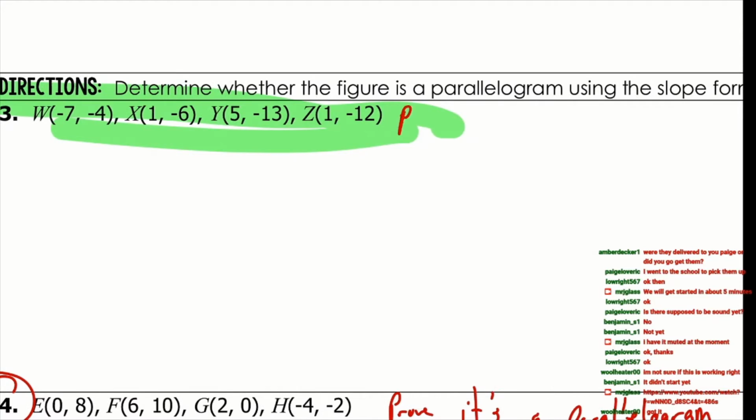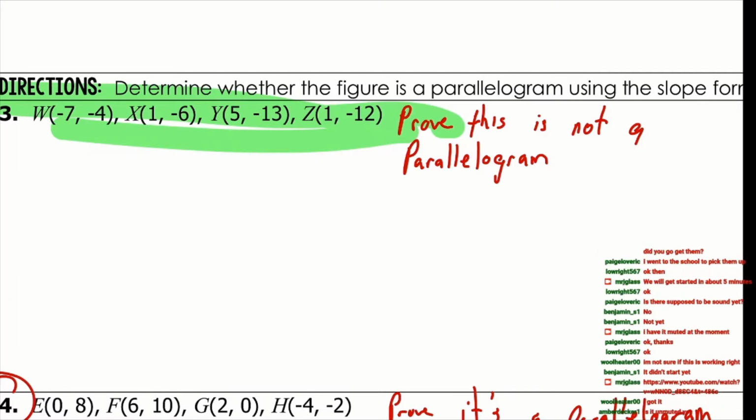And we're going to find that this is not a parallelogram as soon as we graph it. I think this is the first time we're actually proving something is not something, which is common. The Regents can ask this. I've seen it infrequently, not too often.